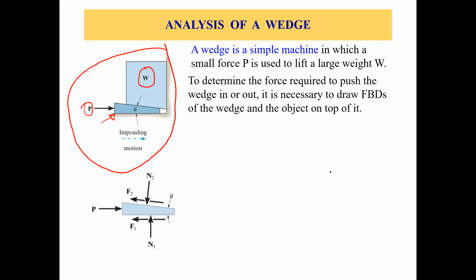Now to determine the force required to push the wedge in or out, it is necessary to draw the free body diagrams of the wedge and the object on top of it. Basically in these kinds of problems we need two free body diagrams, one of the wedge itself and one of the other object which is being lifted.